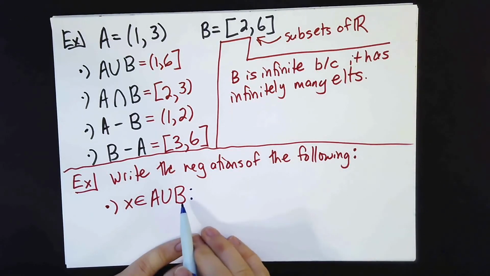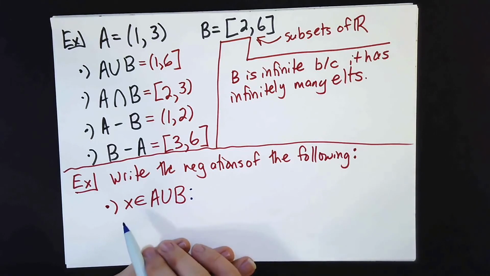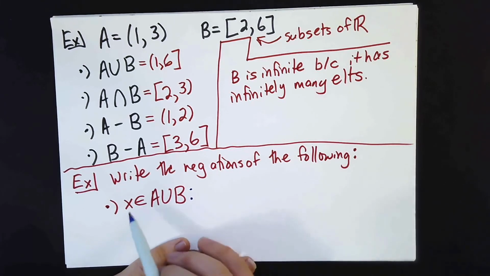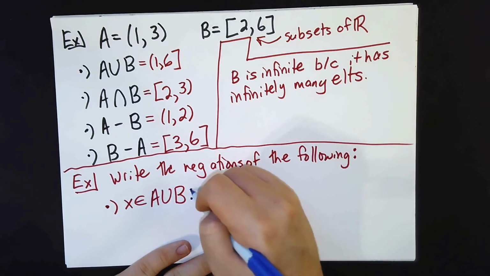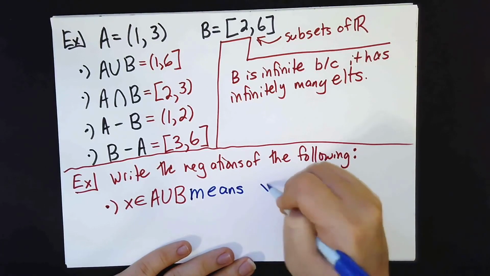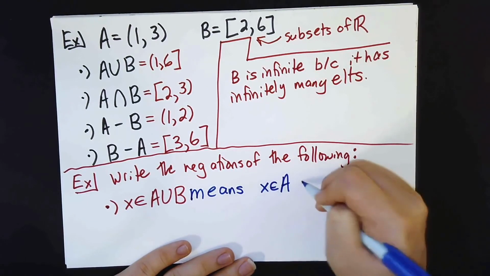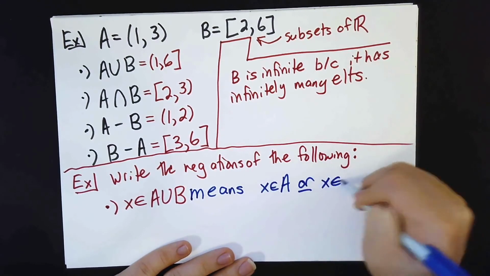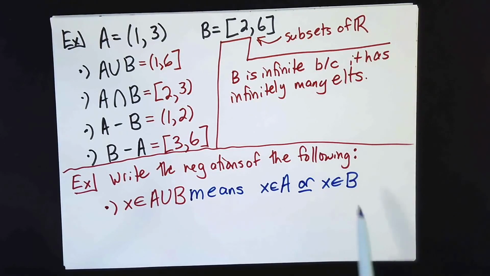A union B is the set of things that are in A or B. So this itself, X is in A union B, means exactly X is in A or X is in B. So what happens when I negate that?